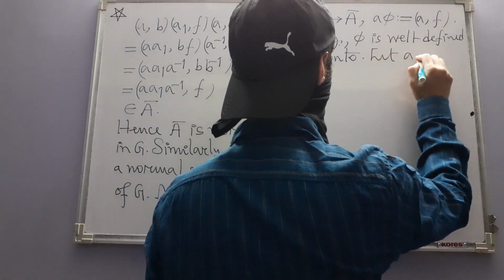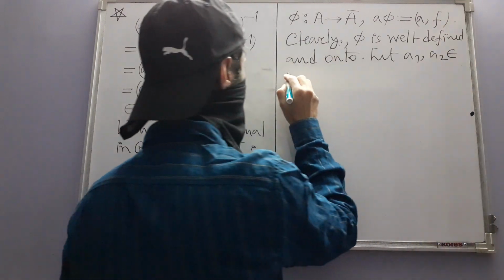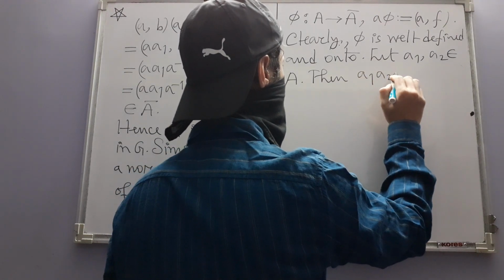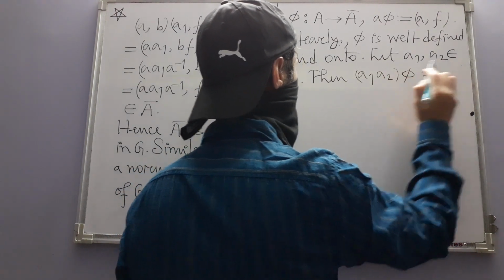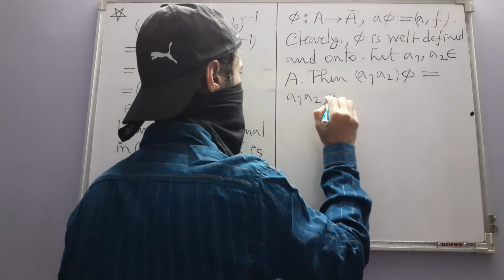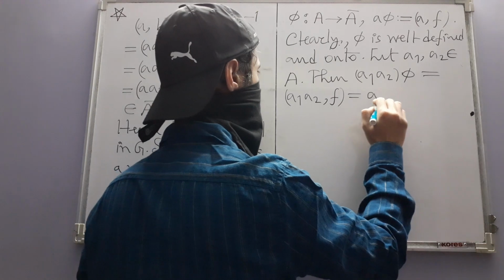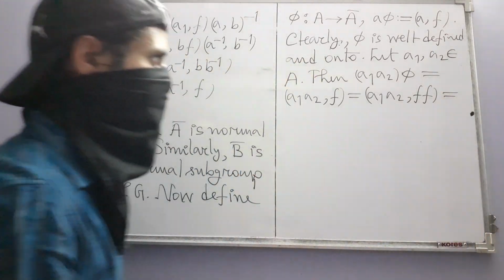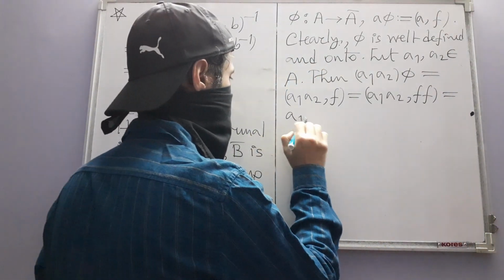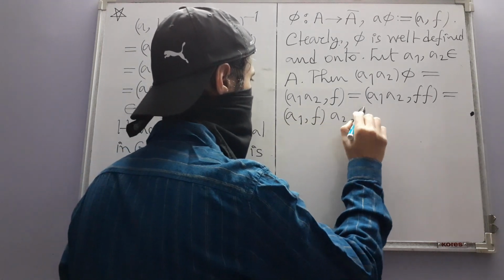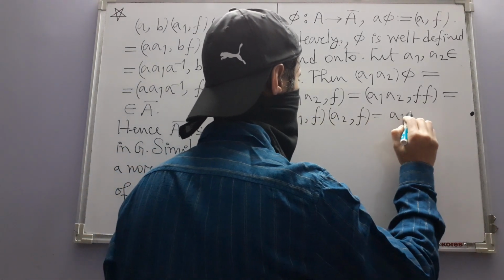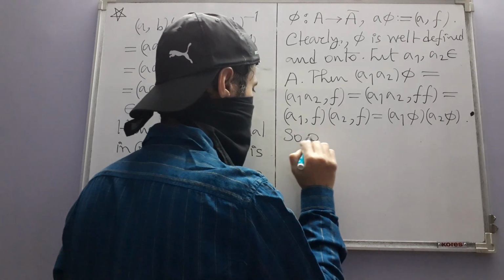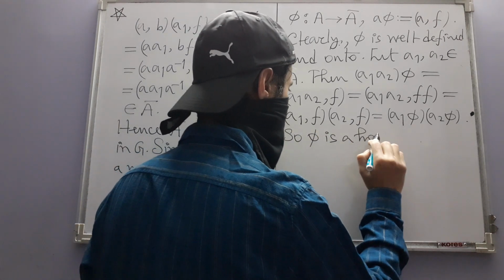So let A1 and A2 be two elements in A. Then (A1 A2) phi is (A1 A2, F), but that is also (A1 A2, FF), because F is the identity in capital B, and this is (A1, F) times (A2, F), which is (A1) phi times (A2) phi. So this is the homomorphism.